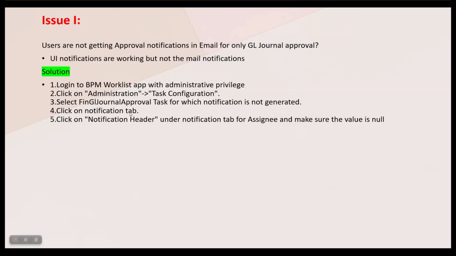There is one notification tab. Just click the notification header under notification for assignee and make sure this value is null. It doesn't mean that your setup is not correct, it just means there is a missing setup, so you have to make the value of the notification headers null.